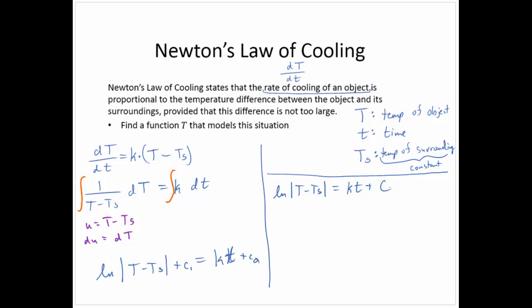I exponentiate, or I rewrite this in exponential form. So then T minus T sub S is equal to e to the kt plus c, and remember I can just write that as a more general constant times e to the kt, so I'll write this as A e to the kt.